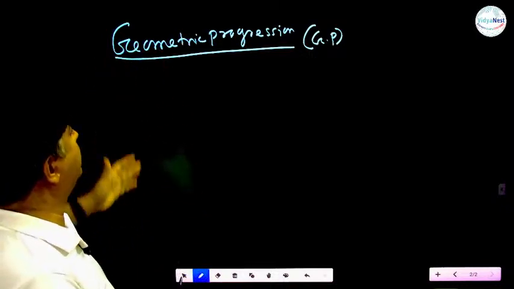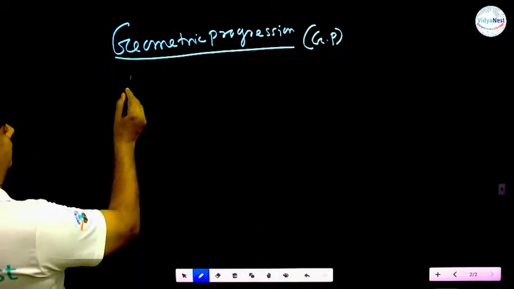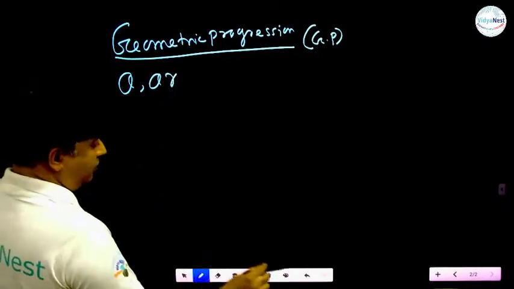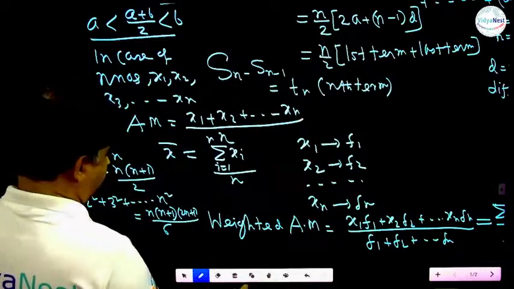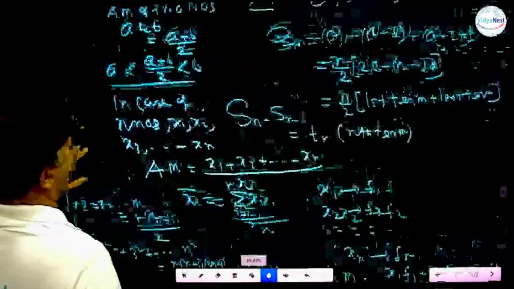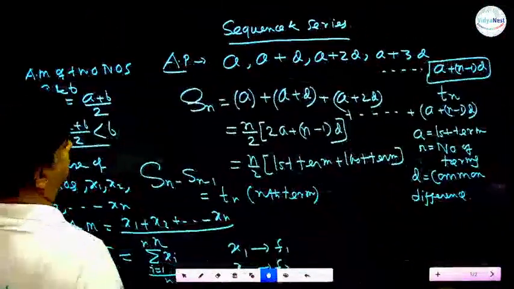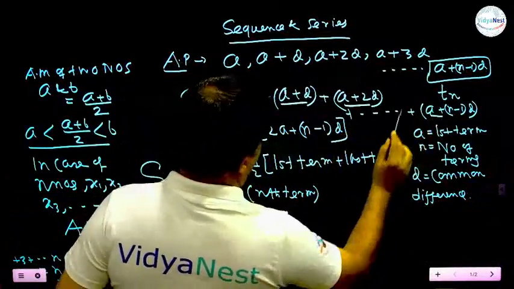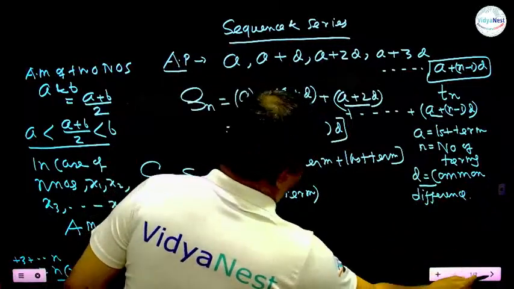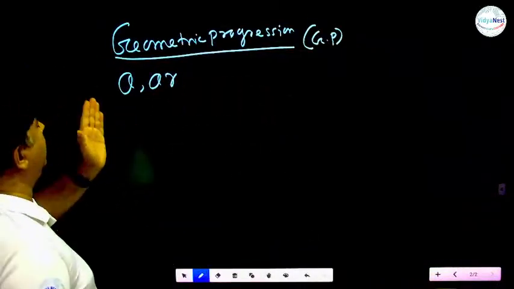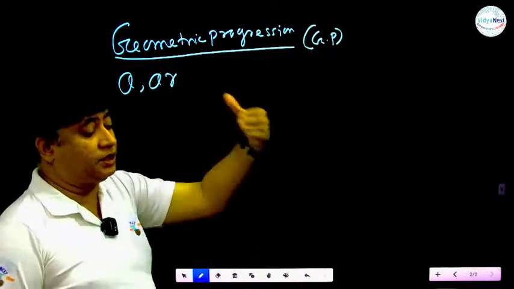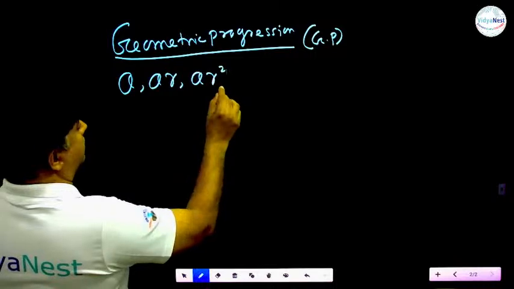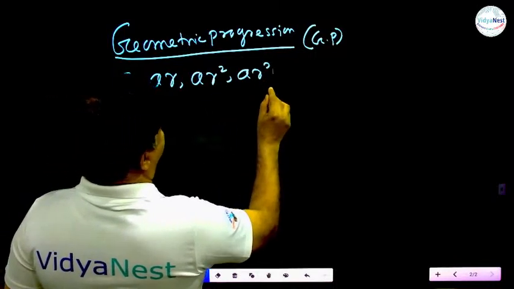How is it related to geometry? The series looks like this: in AP, the series increases by a fixed number, that is called the common difference. And in GP, it will increase by a fixed ratio: a, ar, ar square, ar cube.